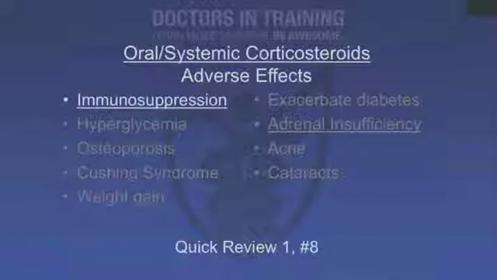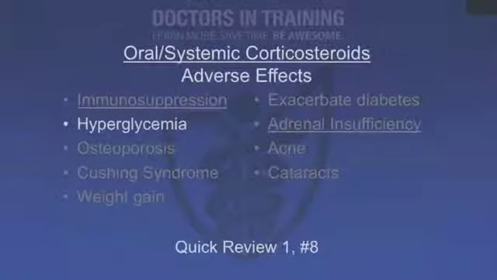Side effects of oral systemic steroids. There's a lot of side effects, obviously, with oral or systemic steroids, whether they're given orally or IV, doesn't matter. Lots of side effects. Steroids are potent immunosuppressive drugs, so you're more likely to get infections when you have steroids on board. Steroids cause hyperglycemia.